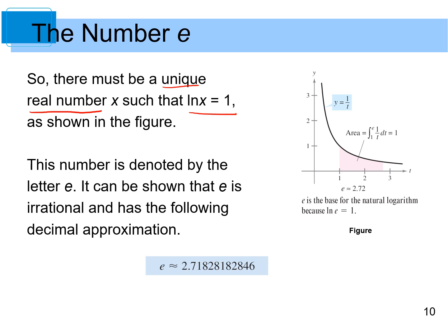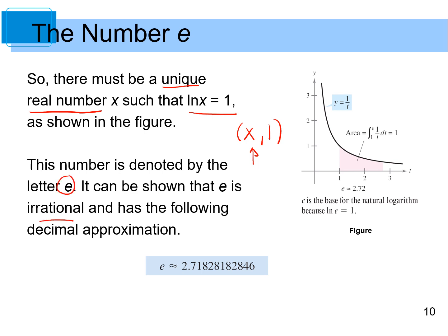That is, the ln of that number x is equal to 1. So we're trying to find the ordered pair (x, 1) for the natural logarithm. What is that x that gives a y coordinate of 1? This number is in fact denoted by the letter e.